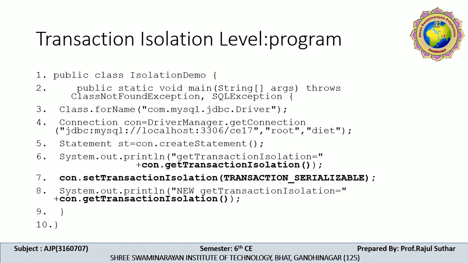Here a transaction isolation level program is used. Write public class IsolationDemo, the name of the class, public static void main, String args, throws ClassNotFoundException if the class is not found. Then Class.forName, we are required to load the driver. Connection con is equal to DriverManager.getConnection. The connection string is used with the username and password.